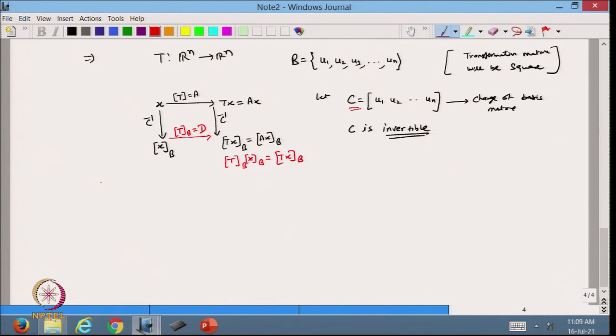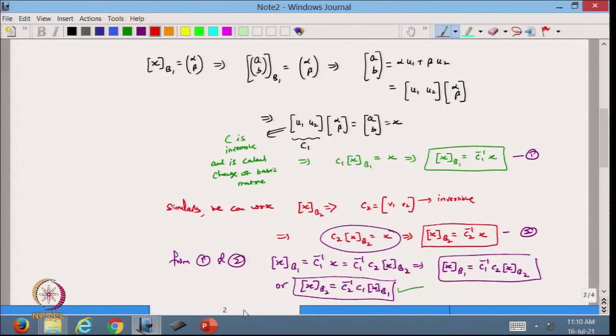Now, from here, I know that T of x with respect to the basis B. So, this T of x B is equal to D of x B, where D is the matrix corresponding to the basis B. Also, from here we have written that the coordinate of this one can be written in this form.